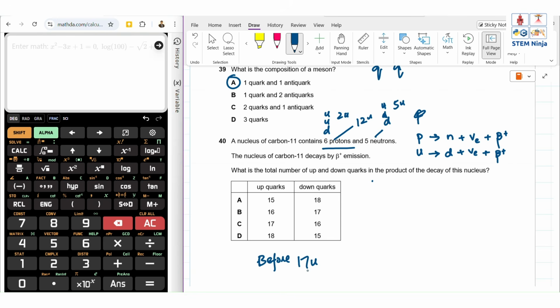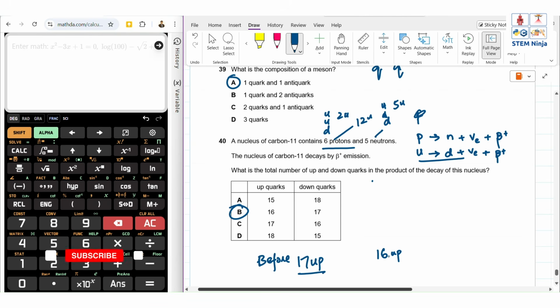This is not u atomic mass unit, this is up quark. And now, since one proton has decayed, in the product one up has been converted to one down. So there are going to be 16 ups now. So I think there's only one option that is relevant, B. So in total there were 17 up quarks. One up converts to one down quark, so one is subtracted, so 16 up quarks.